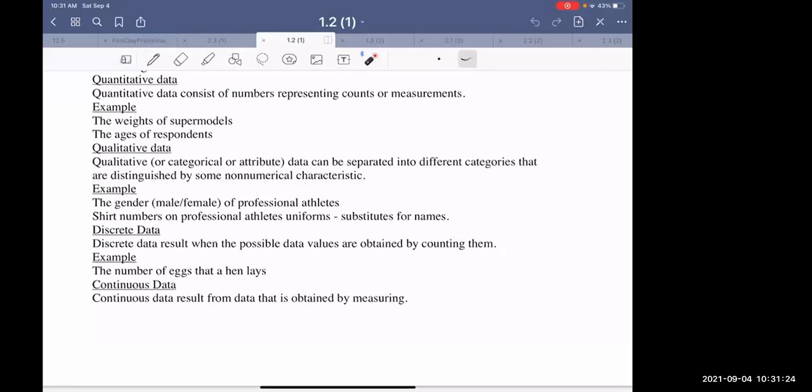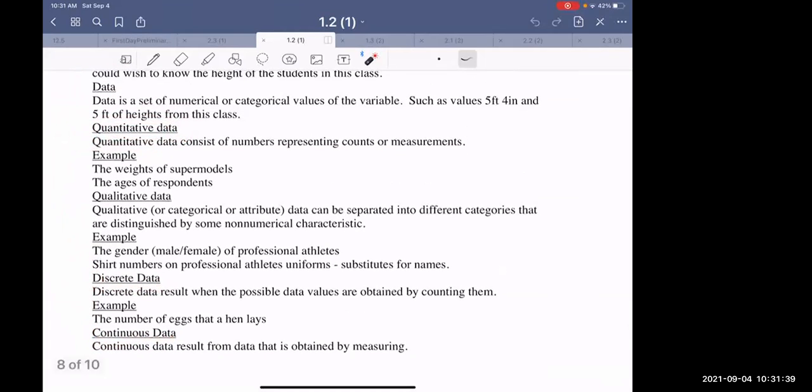So I can further subdivide quantitative data into discrete data and continuous data.